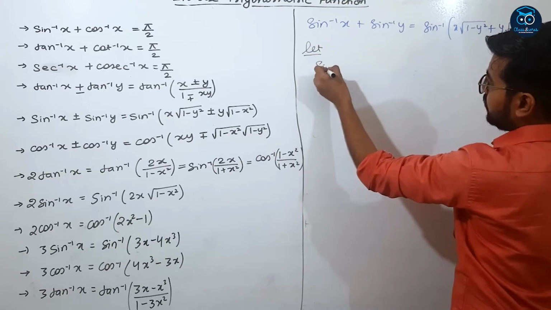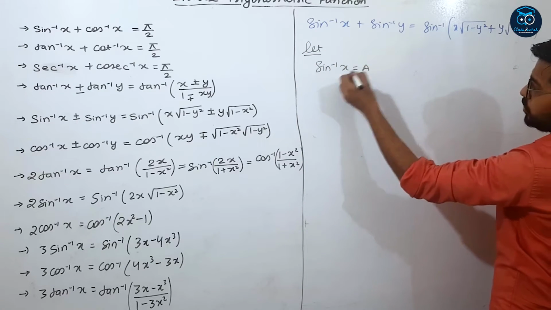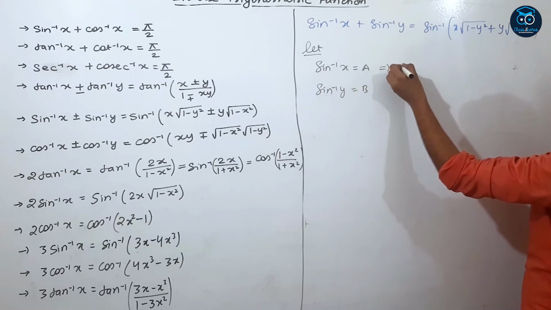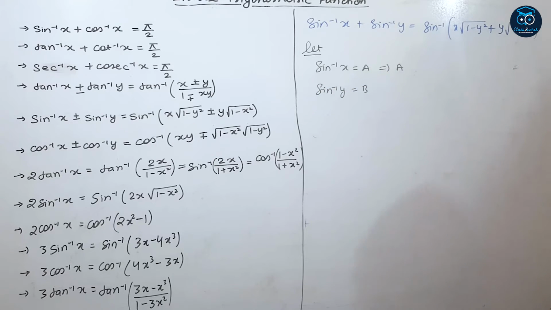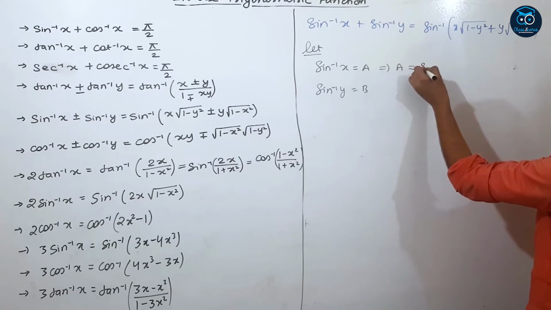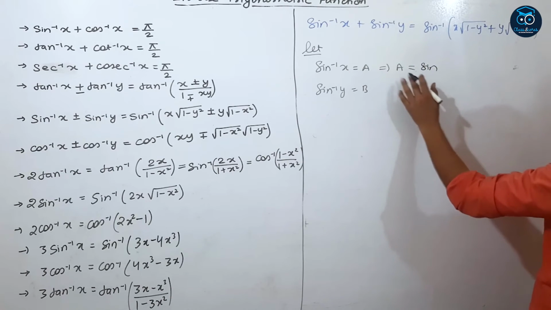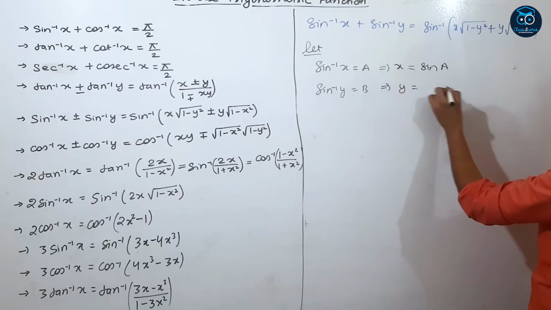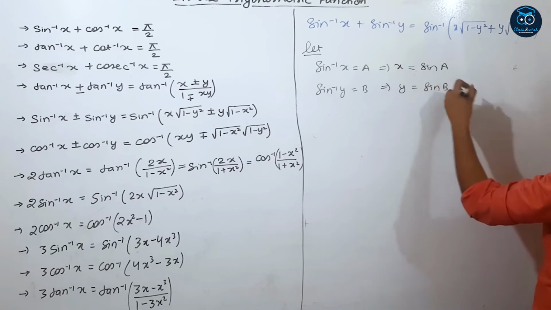Let sin inverse x equal A and sin inverse y equal B. From this, the value of x is sin A and the value of y is sin B.